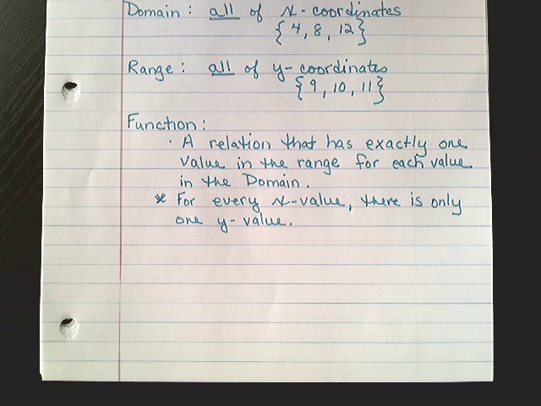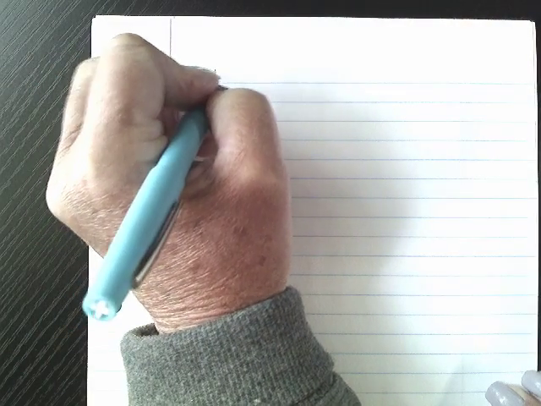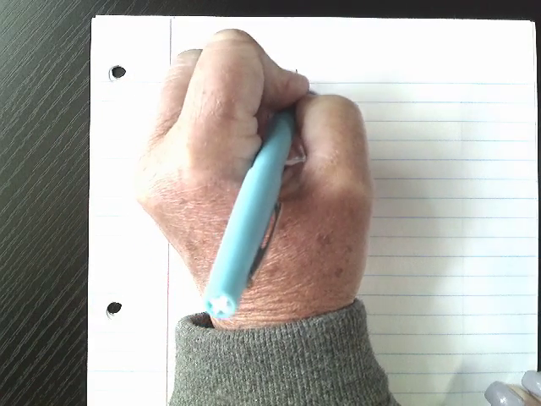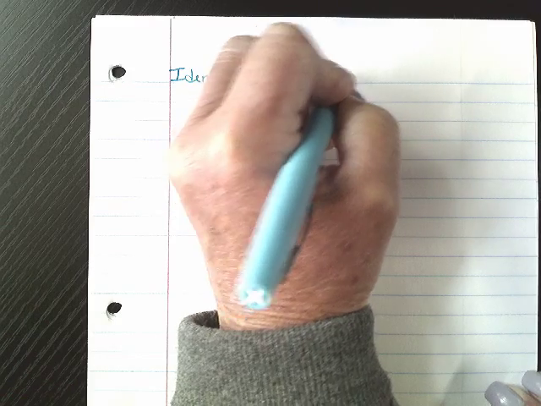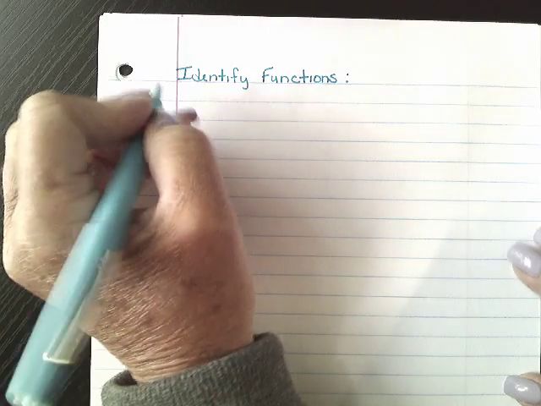Now there are 4 ways that we are going to be looking at in order to identify what a function is. So I'm going to start another sheet of paper because I want to make sure that I can fit them all on here. So we are going to identify functions. The first way that we are going to identify functions is from a graph.